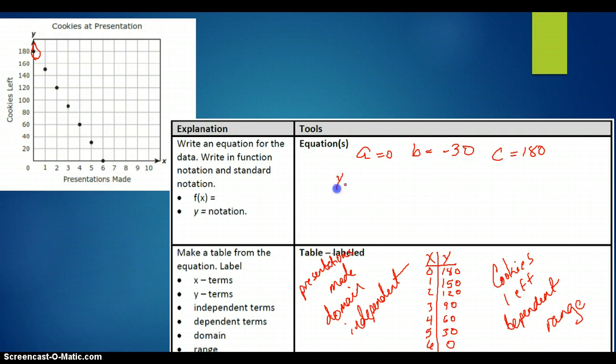So our equation is minus 30x plus 180. And I keep telling you I like to get rid of my 0 terms. All right, and so I've got it in f of x and y equals notation.